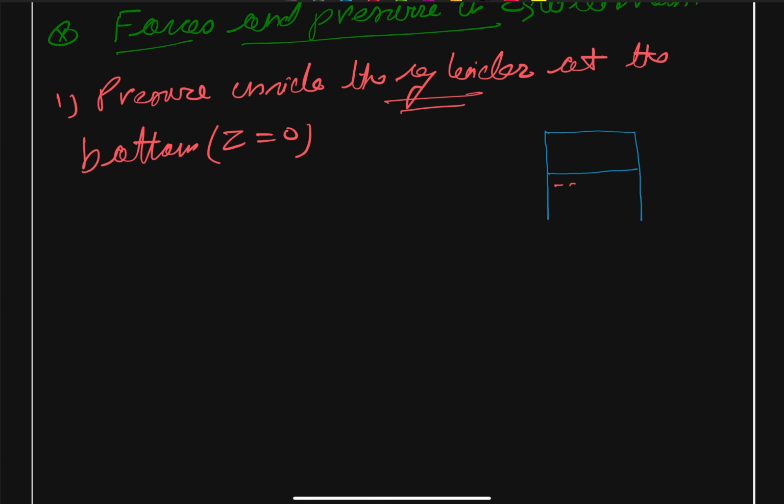We have water whose height is h, and we have this air trapped, and this height is L0 minus h. Okay.